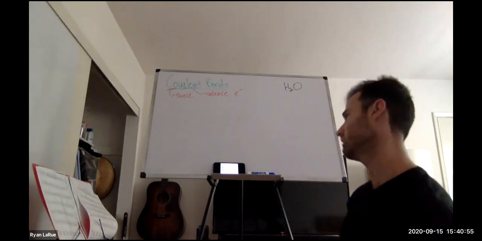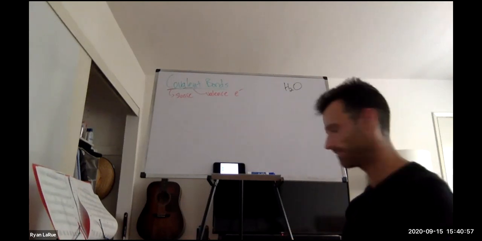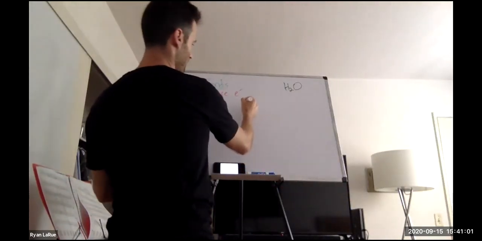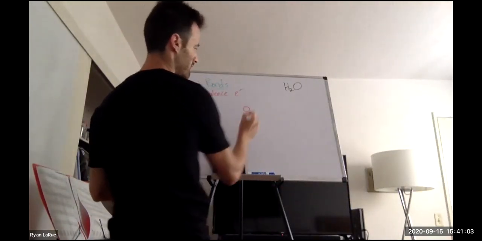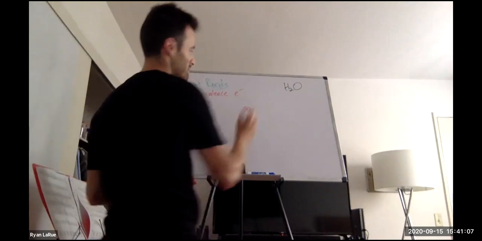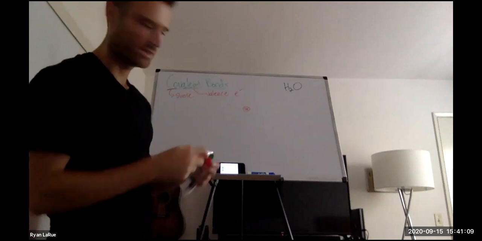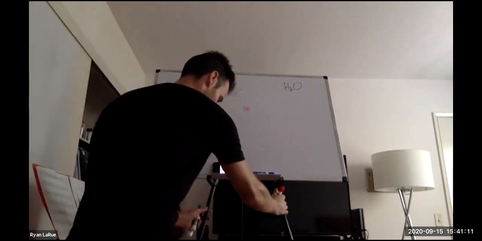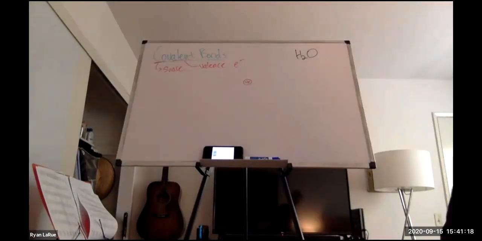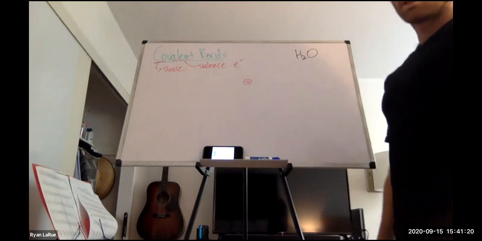So let's start with the oxygen. In oxygen's nucleus, I'm just going to put an O for oxygen. That's really small, so I'm going to move this up a little bit. And I'll turn this light on too.